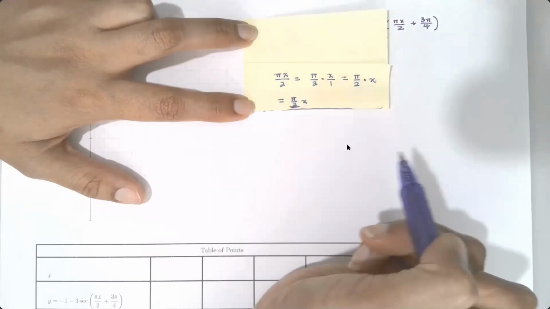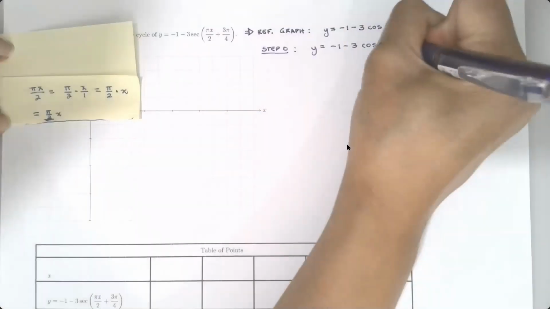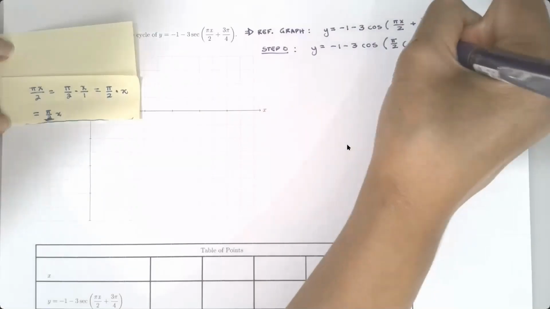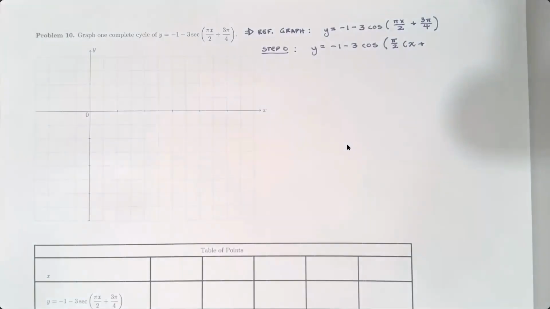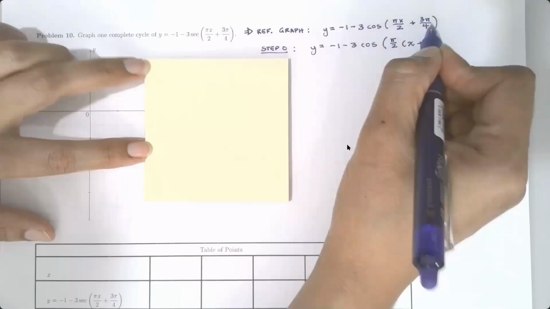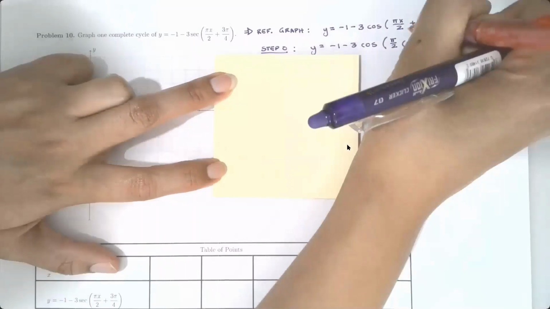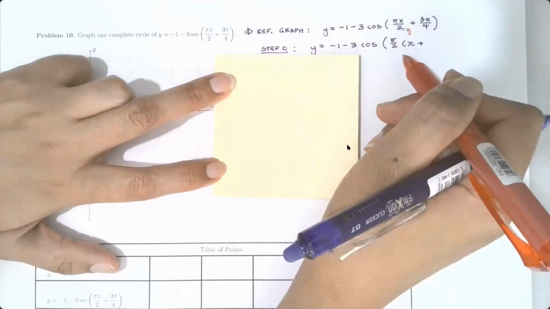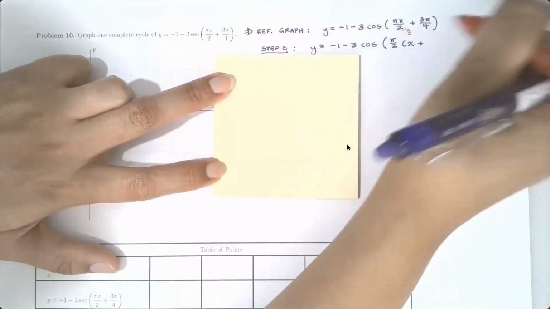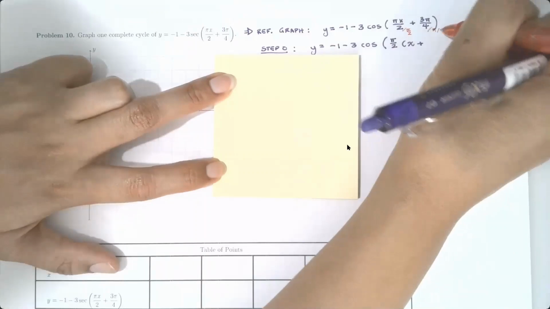So we're going to be factoring out a pi over 2, which is going to leave us with an x plus. To determine the second term left over, remember that when we're factoring, we're essentially dividing by whatever number we're pulling out of the parentheses. Since I'm pulling out a pi over 2, divide the first term by pi over 2 and divide the second term by pi over 2.